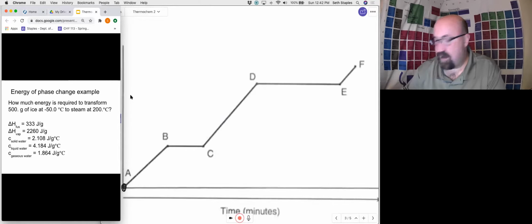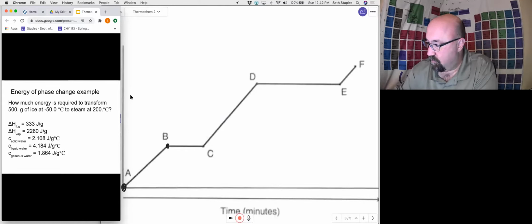So we're sitting first down here at our -50 degrees C. And our first point there, so there's the phase where we're actually just warming the ice. So A to B, we're just warming the ice up. And that's going to be our Q equals mc delta T.